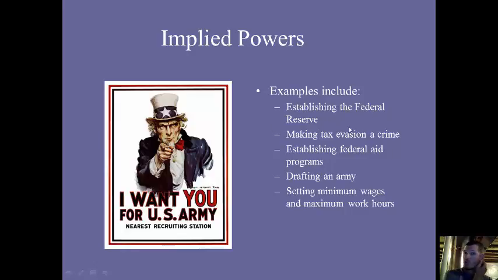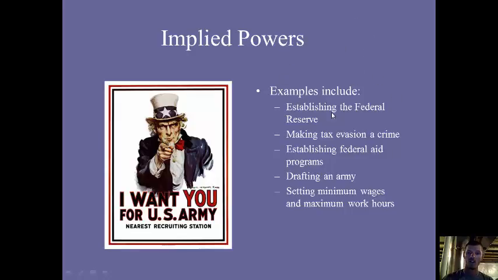Establishing a Federal Reserve. That's an organization that handles the country's money. All right. Without this organization, the country might be in pretty tough shape monetarily in regards to inflation or printing money and things of that nature. Congress has the power to print money, but the Federal Reserve is in charge of printing that money.